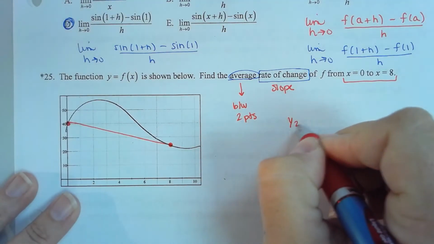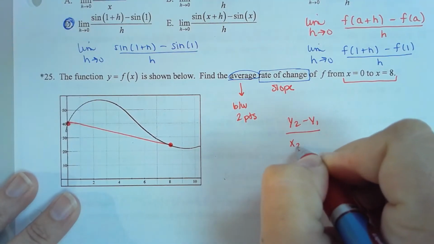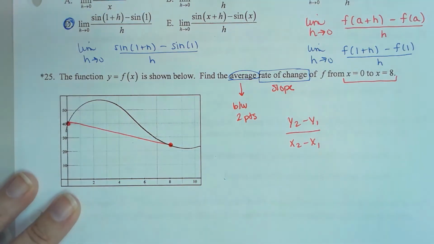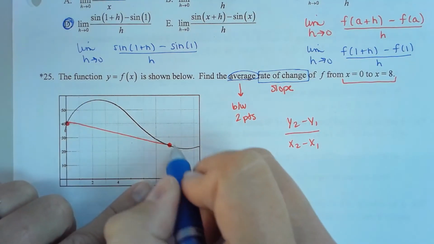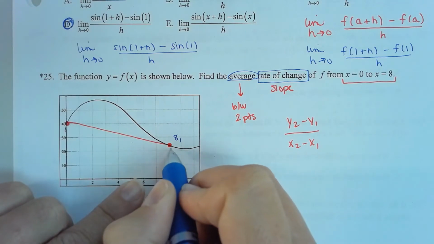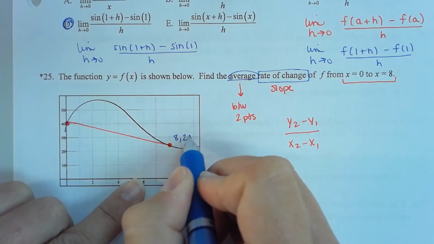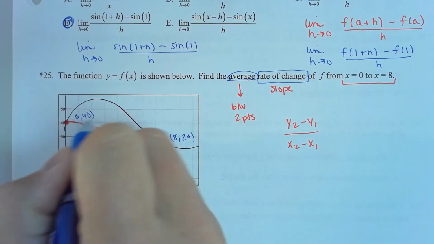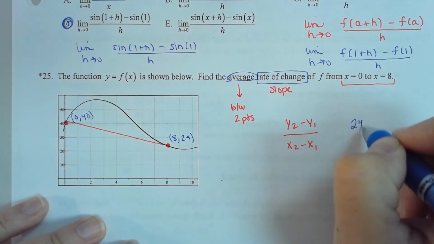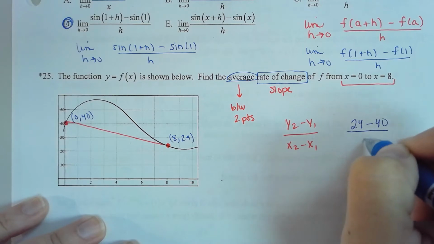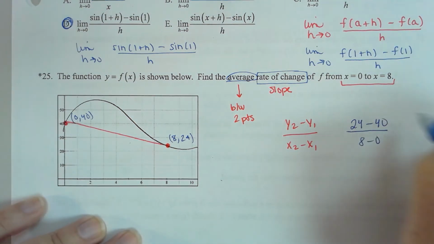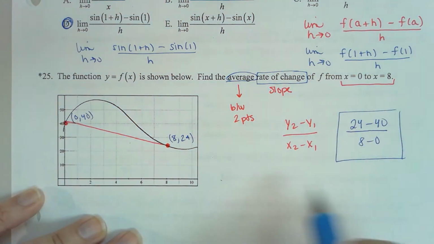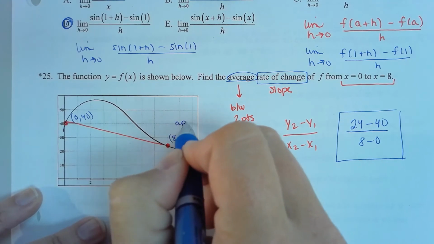So again, we're doing y2 minus y1 all over x2 minus x1. So let's see, this is the point 8 comma, let's call it 24, 25, I don't know. This is the point 0, 40. So we'll do 24 minus 40 all over 8 minus 0. And again, these are approximate values.